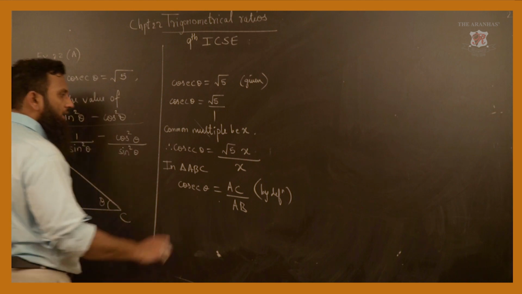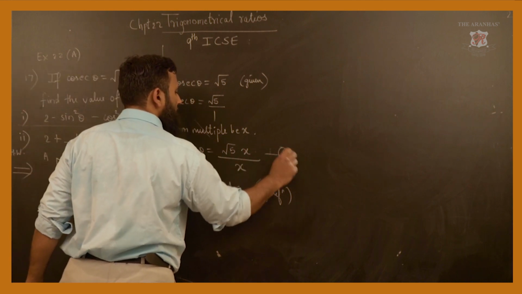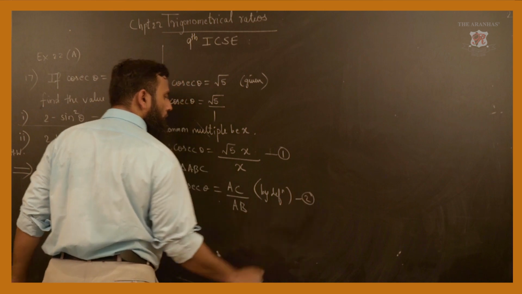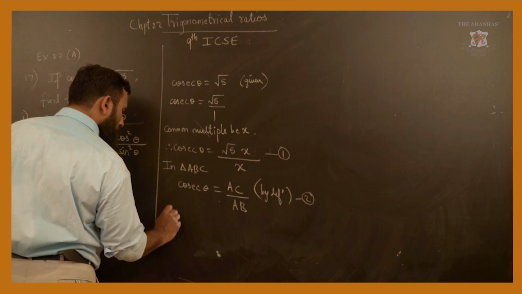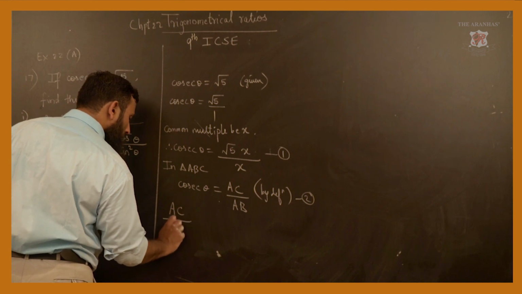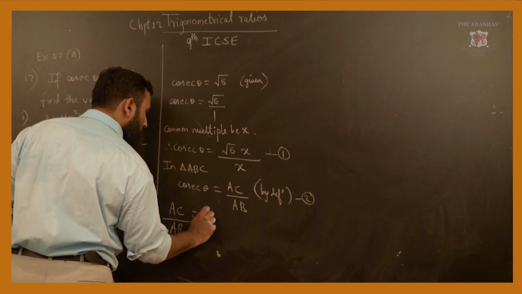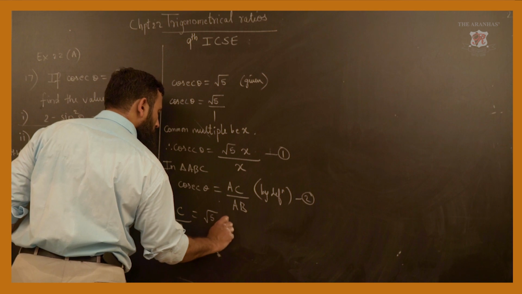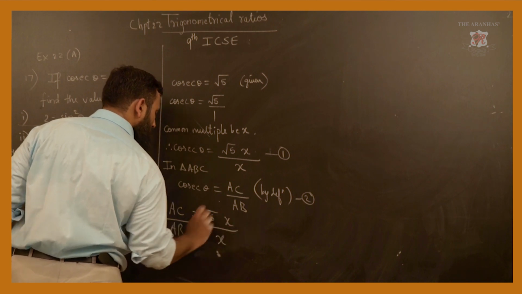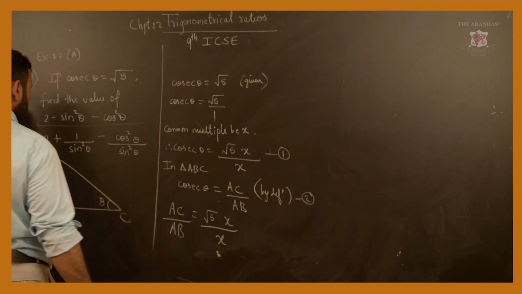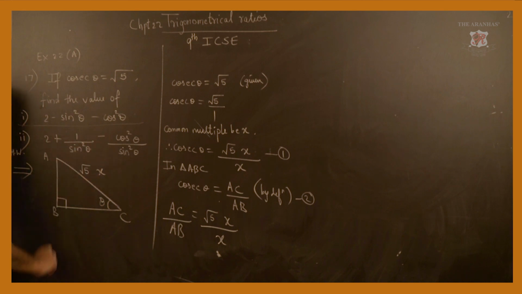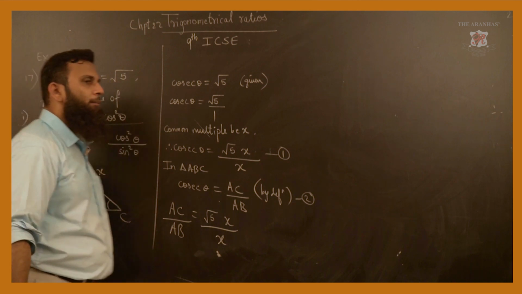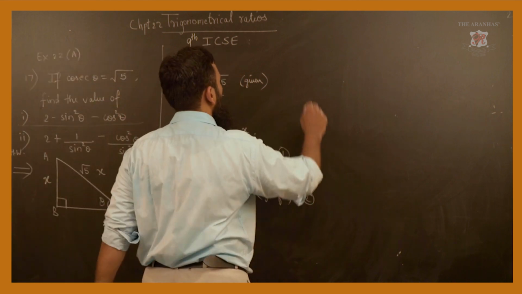If you look at these equations, say 1 and 2, LHS are same. So, in that case AC upon AB is root 5 into x upon x. So, if AC is root 5 times x, AB is x, our aim is to find BC.